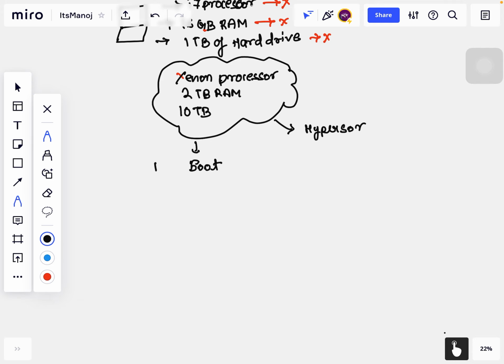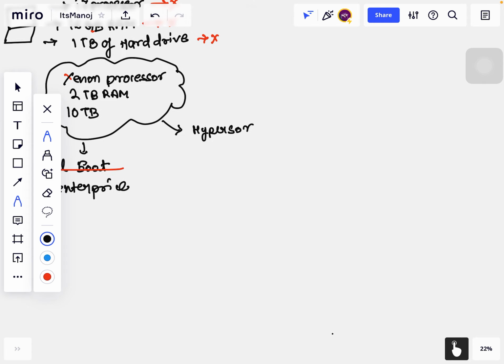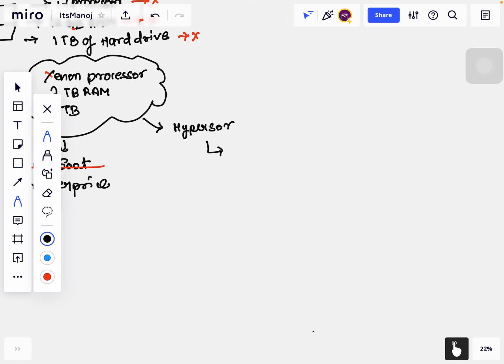But in enterprises we won't use dual boot. So now we have the option of the hypervisor. A hypervisor is a tool that can be installed on a machine, and over that we can create our virtual machines.